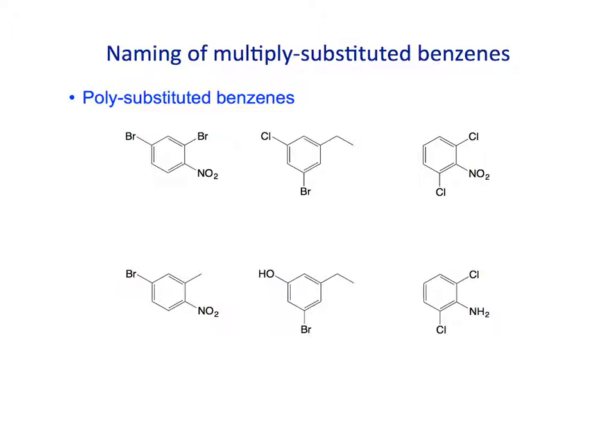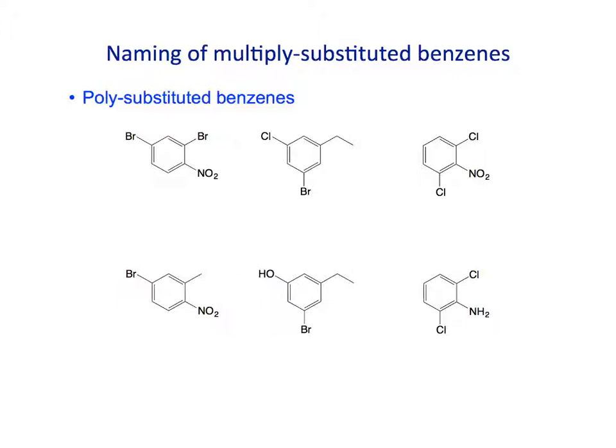Just like before, the first thing we want to do is look for one of those monosubstituted benzenes that has its own special name. If there isn't one, then we name and number it based upon substituents on benzene. We number the substituents to give the lowest possible numbers. If we have an exact tie, then we break the tie with the alphabet.